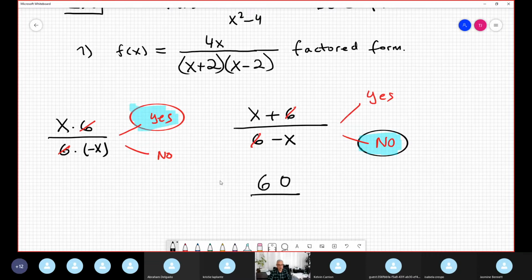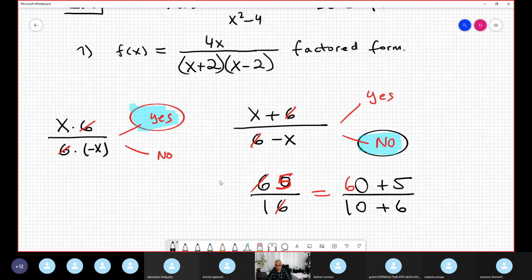Okay, for example, this example. 60 divided by 16. Can we simplify this 6, yes or no? No. Why no? Because 65, for example, to make it more complicated, 65 is 60 plus 5, and 16 is 10 plus 6.